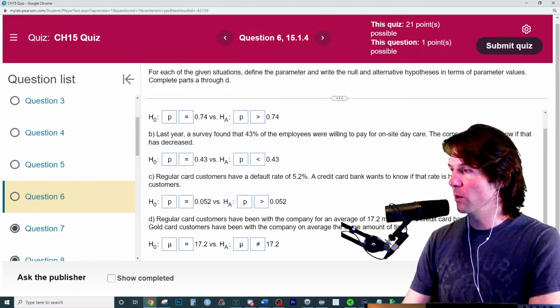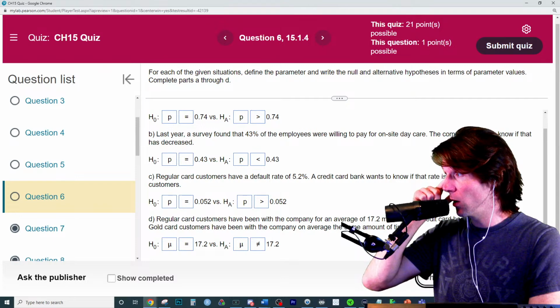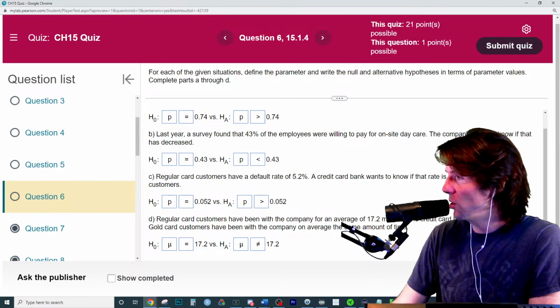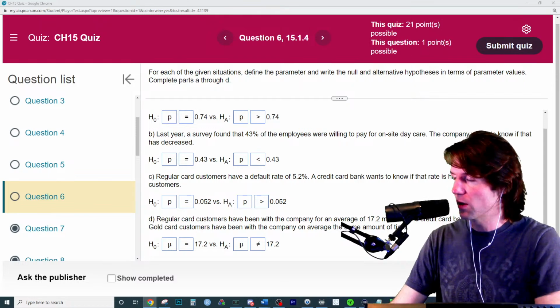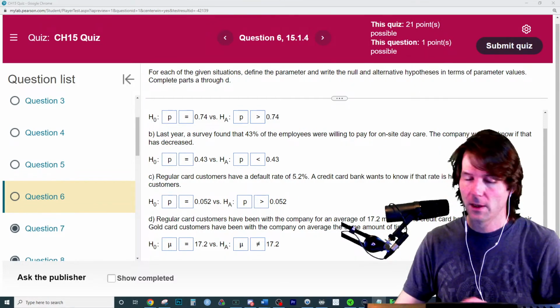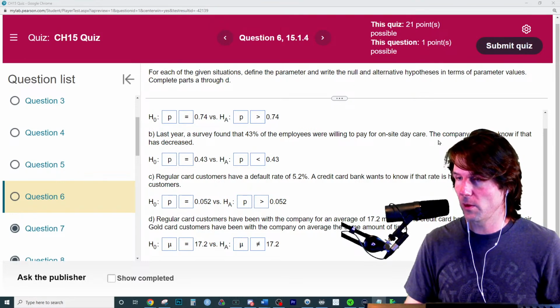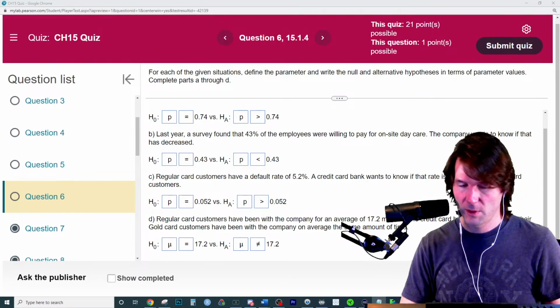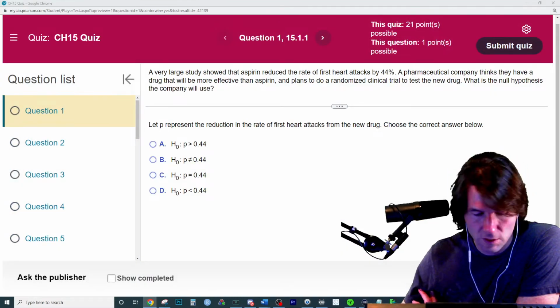Really good practice on writing the nulls and alternatives, which we do some during class. Then we go right there. Company is criticized. Is that this chapter? The company criticized? That sounds like, yeah, because it gives the numbers. The other one does it, but does it with a hypothetical. Okay, let's see here. A company is criticized. There we go.